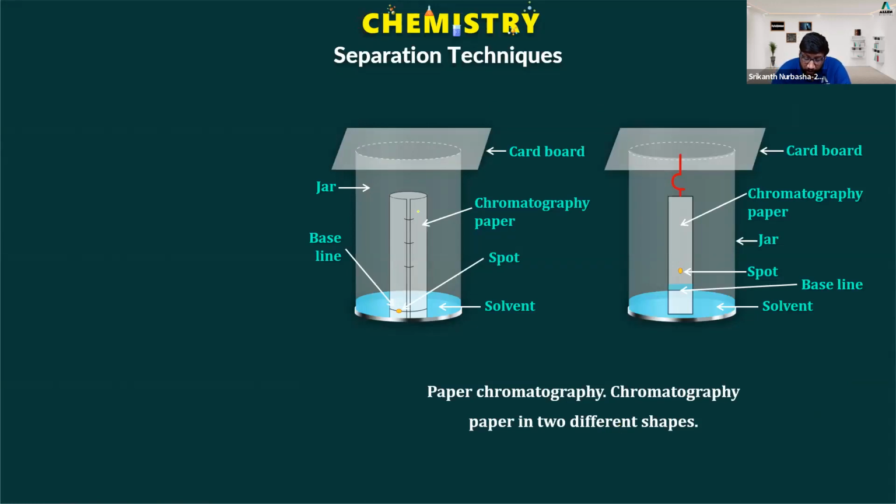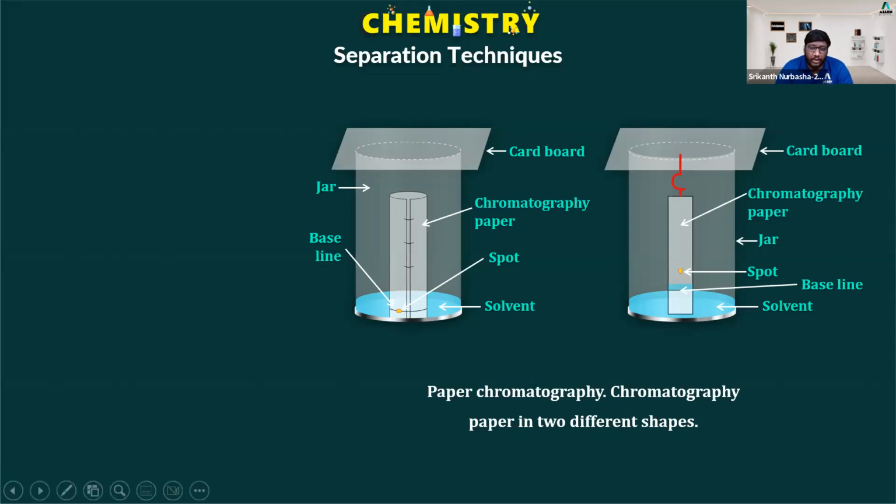Chromatography paper, this is also chromatography paper, like cylindrical paper. I have placed a spot, that is the dotted line here, of the mixture, and I have solvent. Solvent is moving above due to capillary action. A closed jar is there, and you have placed a cardboard above so that you can hang the paper. This is a baseline. From the baseline, how much the mixture is moving, like different components of the mixture are moving, we can calculate the respective retardation factor.